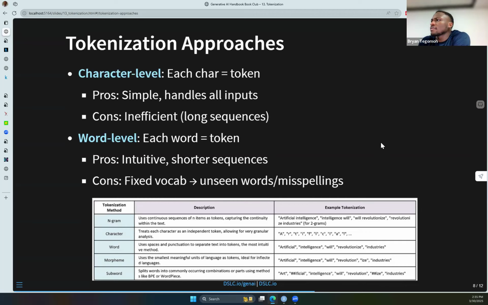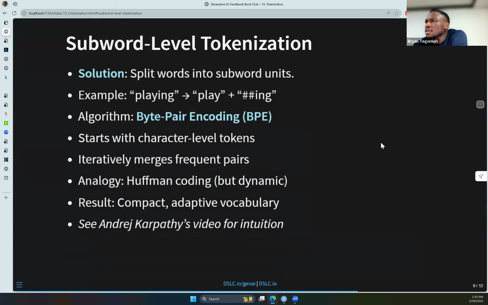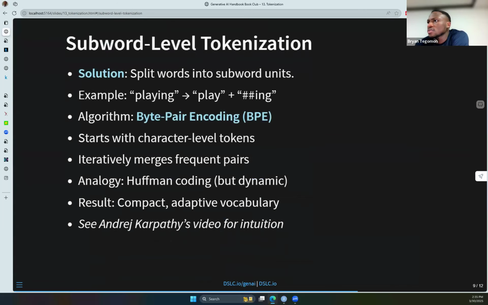I might have a practical example later on. Subword tokenization is where you split a word into subword units, like playing can be converted into play plus ##ing.